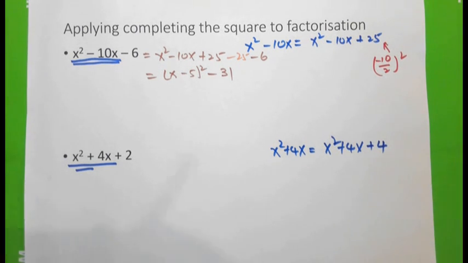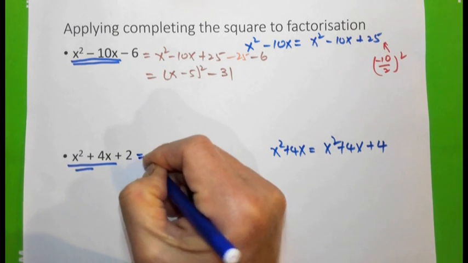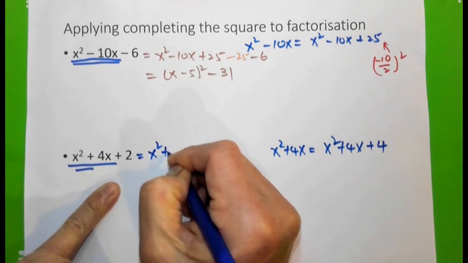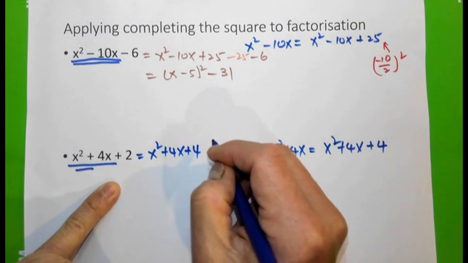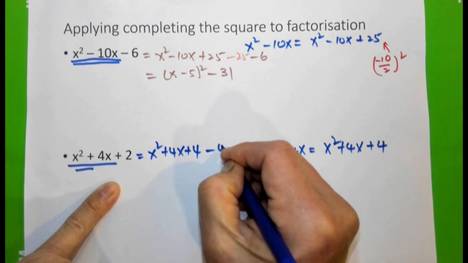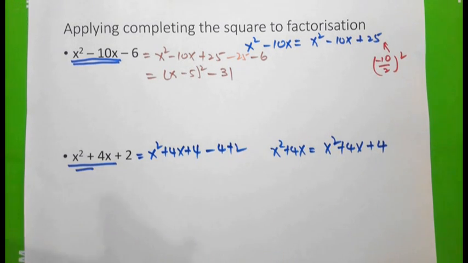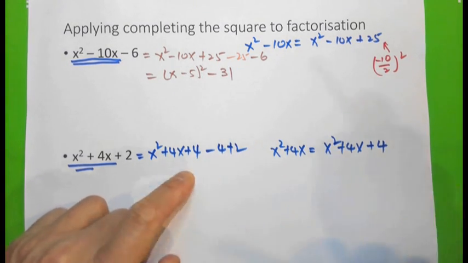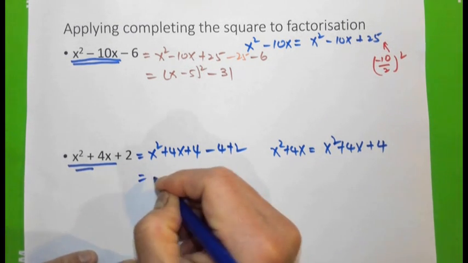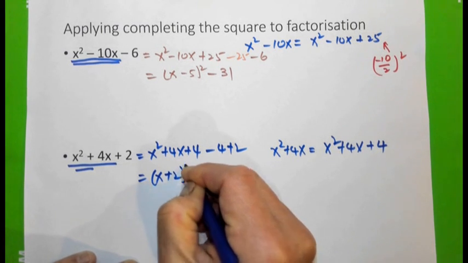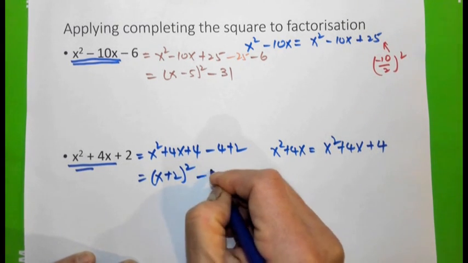So, rewriting that, we will have x squared plus 4x plus 4 minus 4 plus 2. Remember, when we add 4, we need to take away 4. So therefore, this becomes x plus 2 squared minus 2.